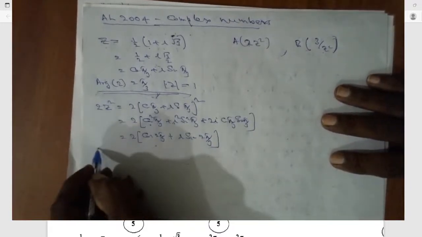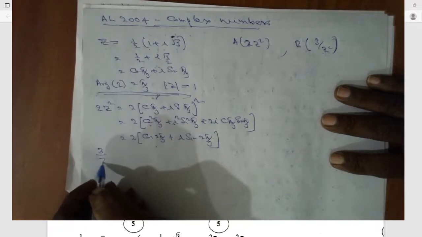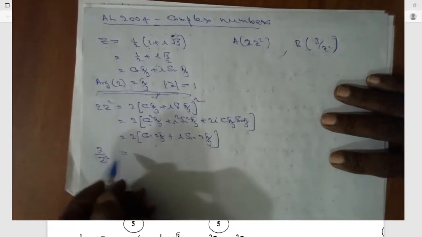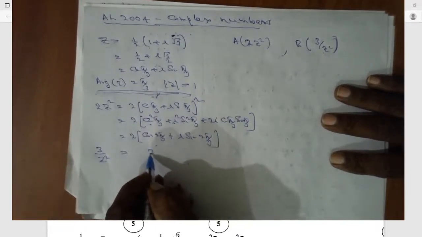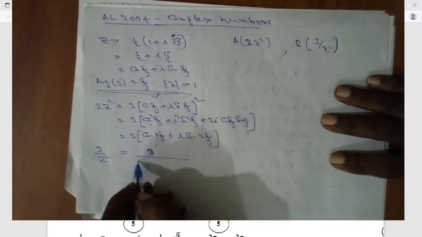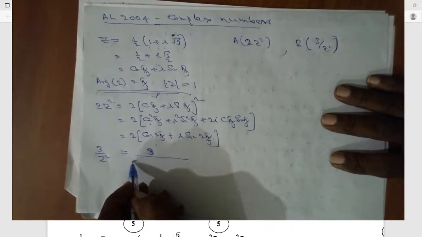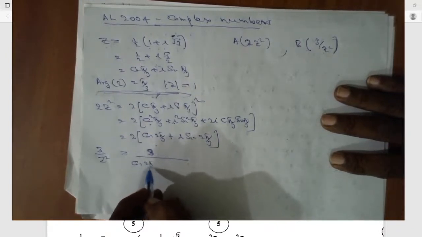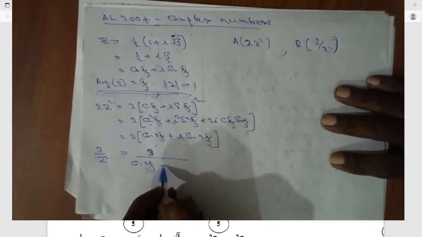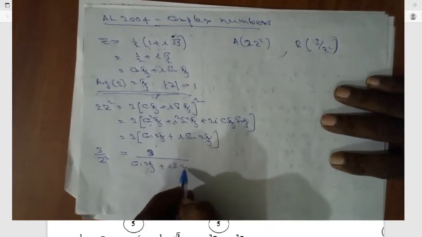What is 3 over c squared? 3 over c squared is 3 over cos 2 pi by 3 plus i sin 2 pi by 3.